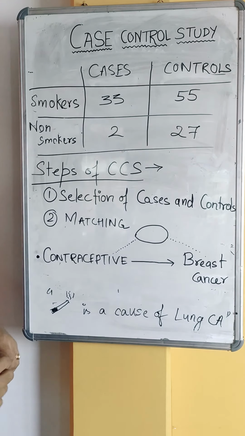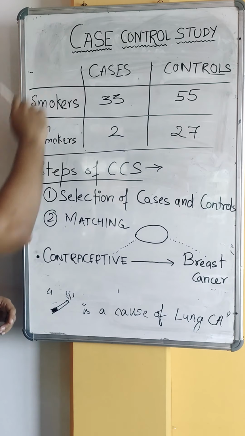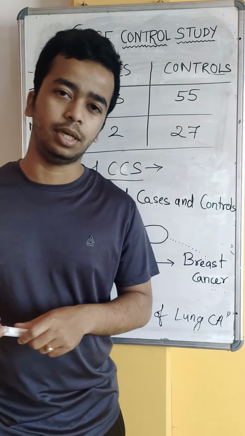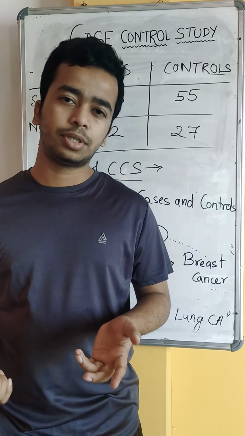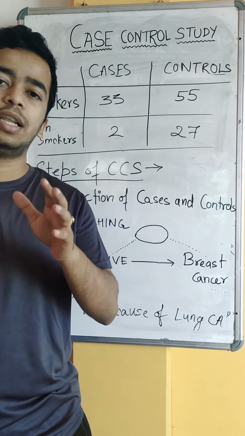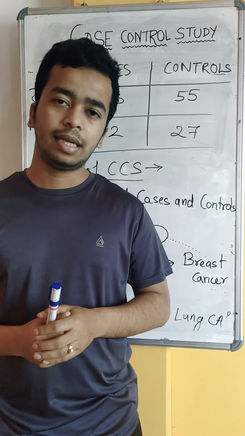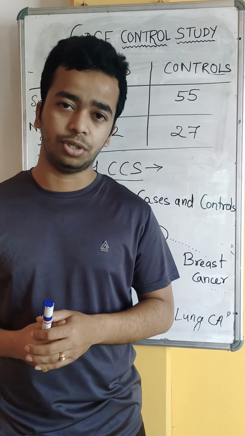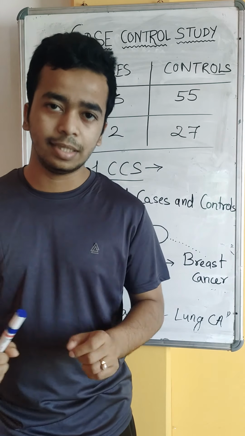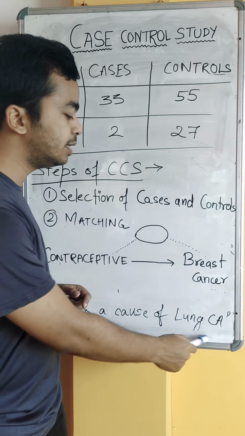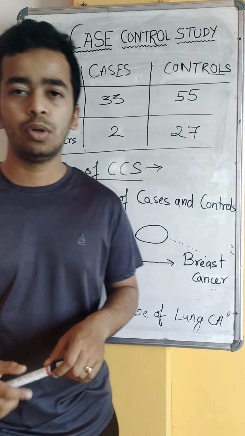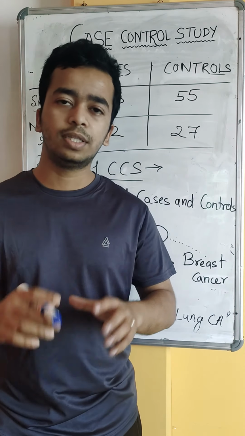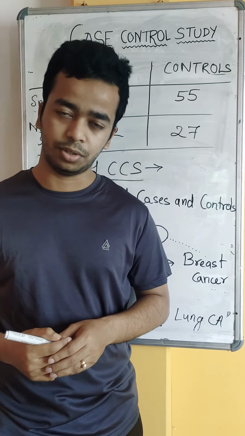Okay? So let's start. Let's see in a nutshell what a case control study is. In a case control study, first of all, we have to select cases. Cases in epidemiology basically means the diseased population. According to this example, the disease is lung cancer. So we'll go to the hospital, we'll select some lung cancer patients.